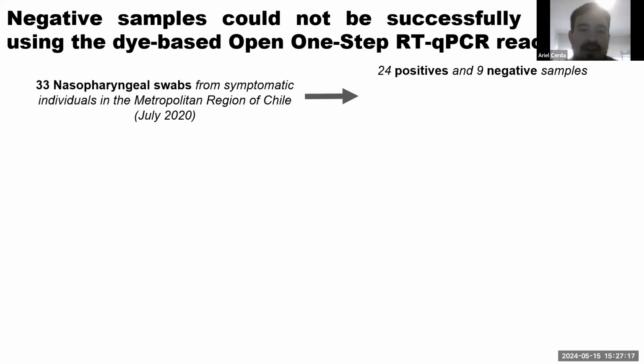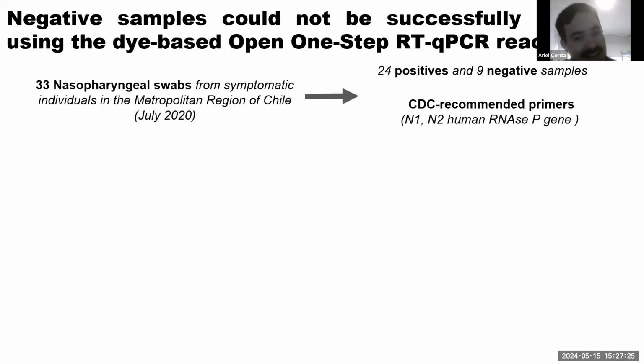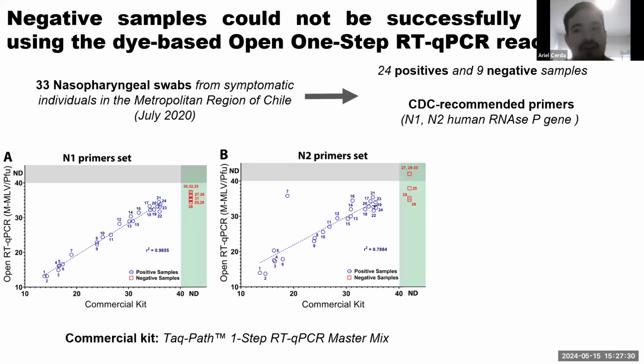This was determined by the clinical laboratory using the same recommended CDC primers and probes. We analyzed those samples using two kits, a commercial one and our own dye-based RT-qPCR. And as shown in the figures, both reaction mixes detected the virus in all positive samples.